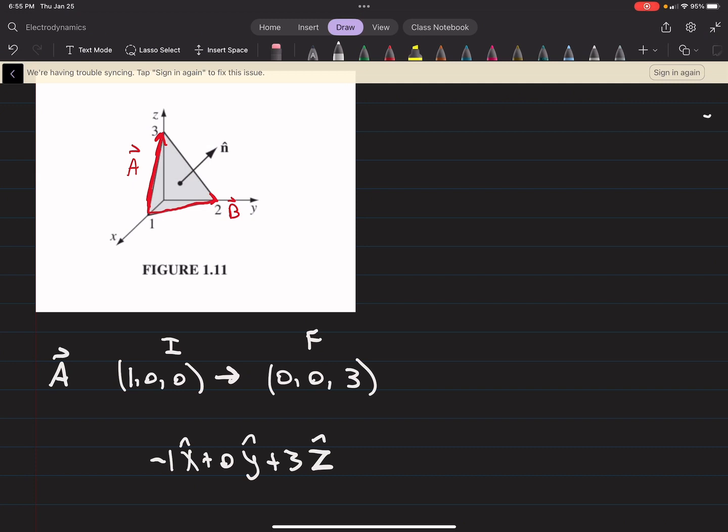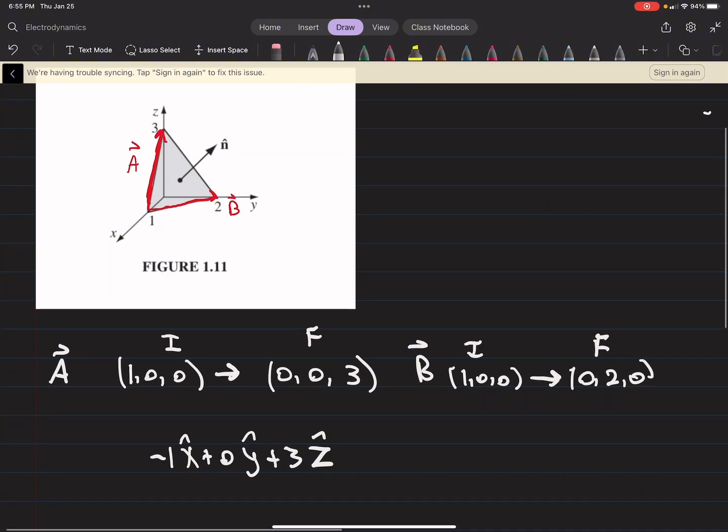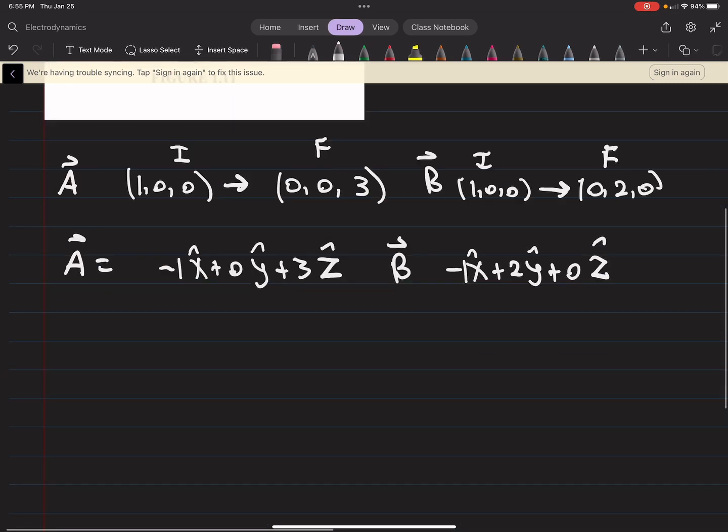This is all for vector A. For vector B, it also starts at 1, 0, 0, and we can see that vector B terminates at 0, 2, 0. So final minus initial would again be minus 1 x hat plus 2 y hat plus 0 z hat. So this is vector A, and this is vector B.